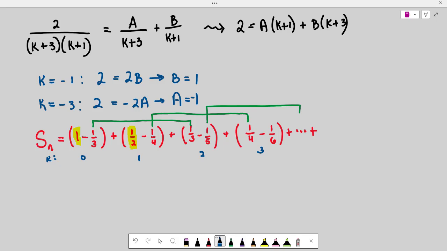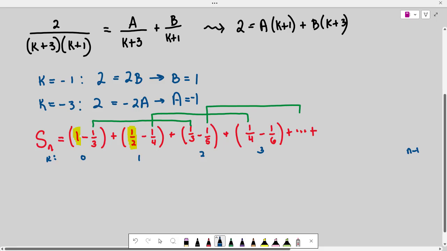Now, we need to go all the way out to the nth term. Not the n minus first term, not the n plus first term, the nth term. What is the k value for the nth term? N minus 1, right?